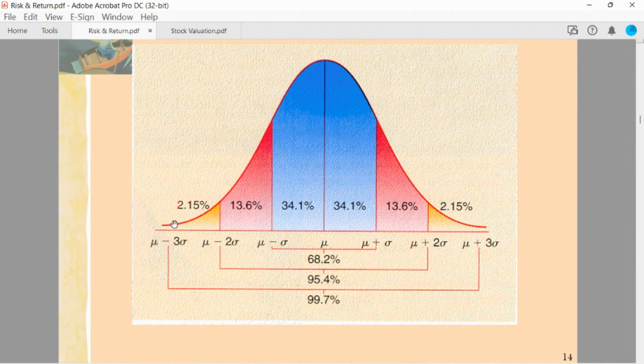So in other words, extremely high return is rare. Extremely high return, like above 20% return, happens only 2% of the time, right? That's what it means.